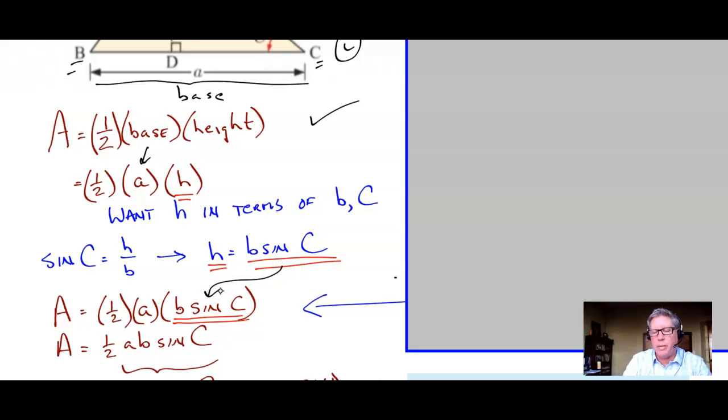And we get our world famous formula that works for all triangles where we're given two sides and the included angle. So don't be freaked out that they didn't give me a and b, they gave me b and c. It doesn't matter. The two letters here represent any two sides, and this represents the angle between them.